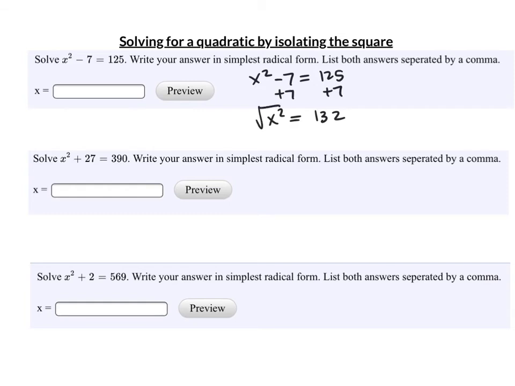Take the square root of both sides and put our plus or minus in there. 4 times 33. So x will equal positive or negative. Square root of 4 was 2. 2 root 33. So in WAMAP, it's 2 times the square root of 33 and negative 2 times the square root of 33.